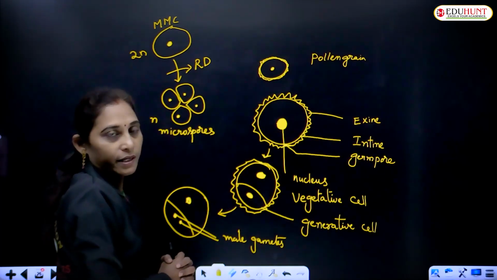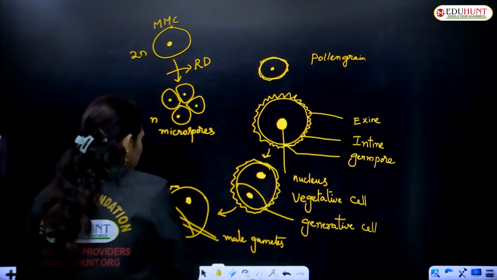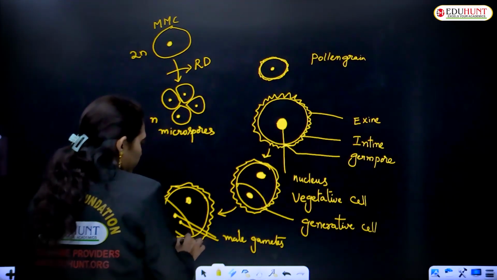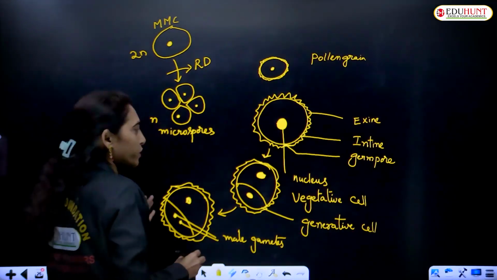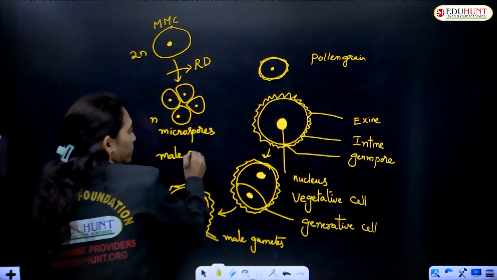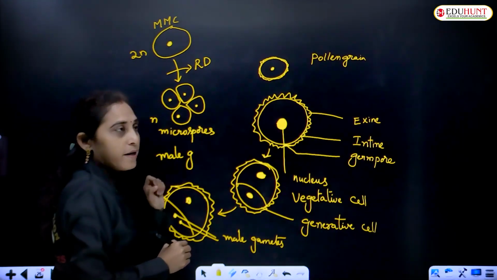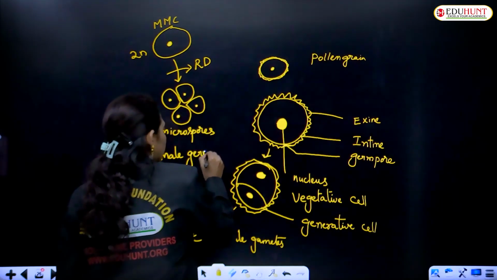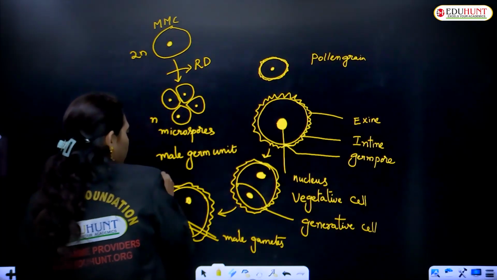Okay, male gametes. And this is about the male gametophyte. This is called the male germ unit or male gametophyte, because it now has haploid structures.